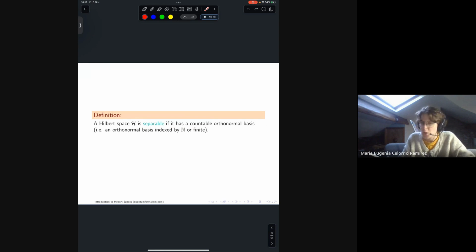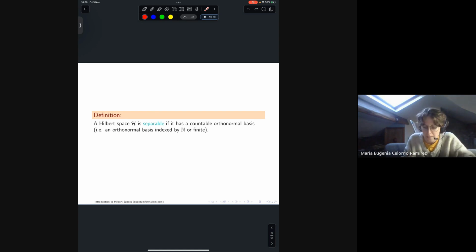Now, I'm sure you have seen separable Hilbert spaces. We say that a Hilbert space is separable whenever it has a countable orthonormal basis, meaning that we have either a finite basis or a basis that can be indexed by N. Why do we put them in the same group instead of keeping the characterization that I gave on the page before?